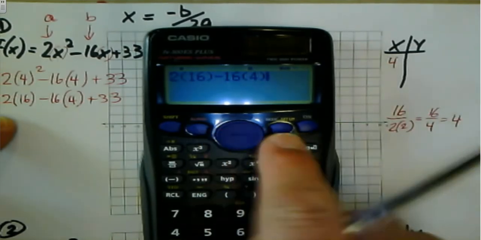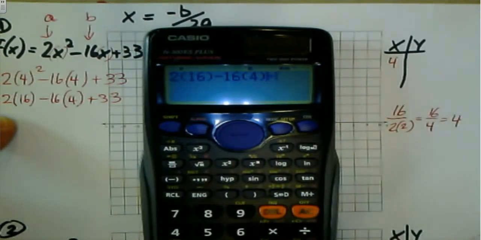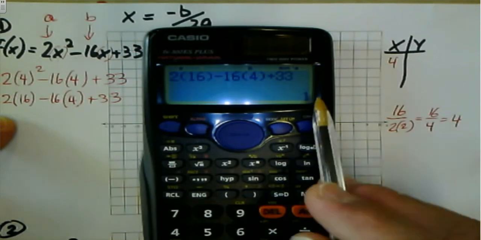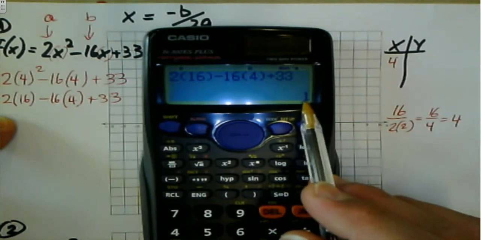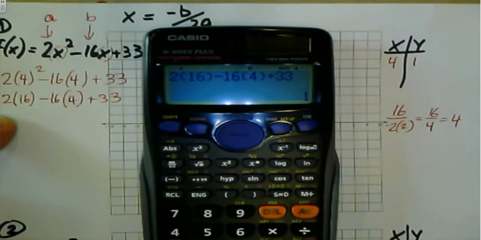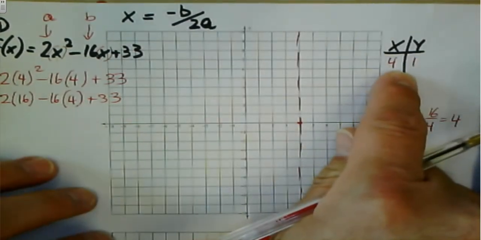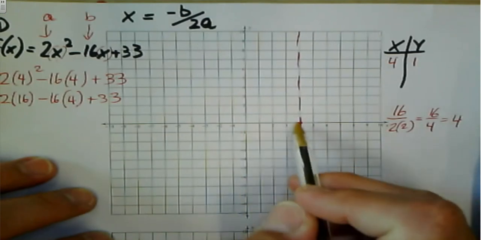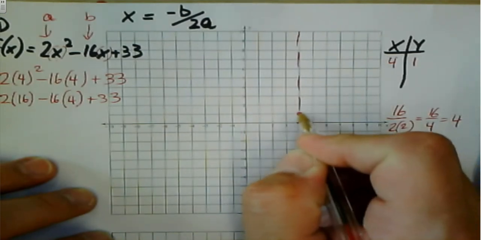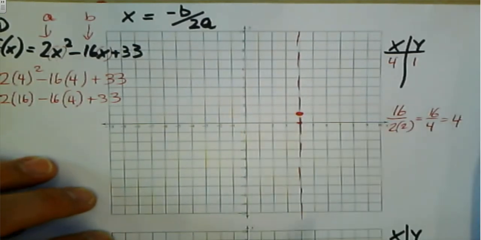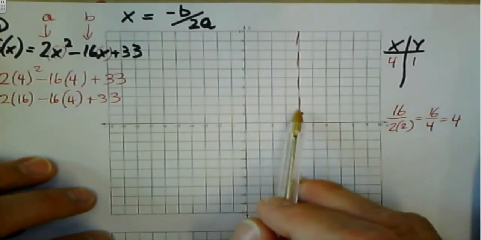That's an easy way to do that. You can move back and forth with this key. Plus 33. Hit the equals. The answer is 1. So our vertex is 4, 1. You go to 4 and then up to 1 on the y. So there's our vertex right there.